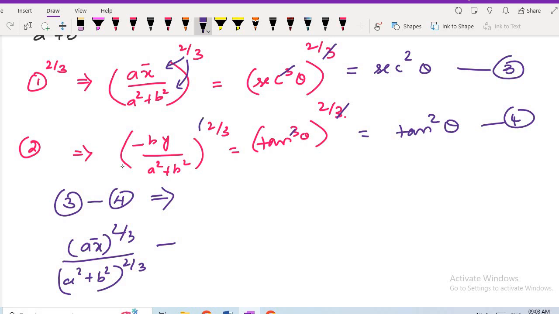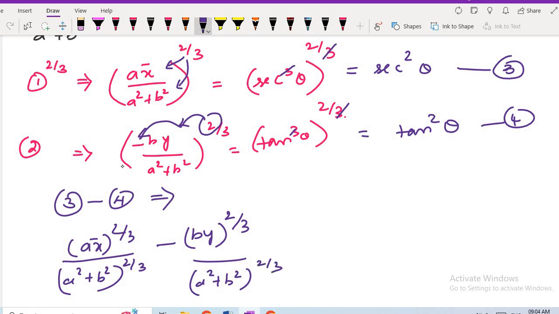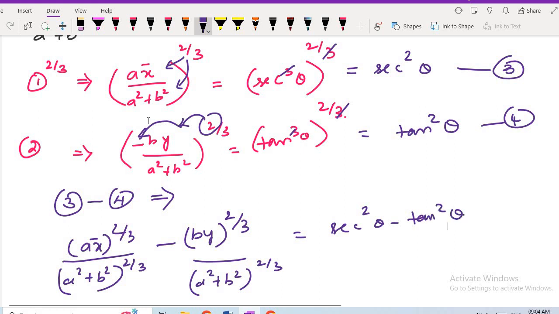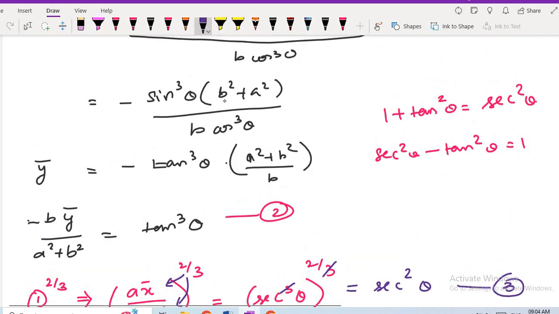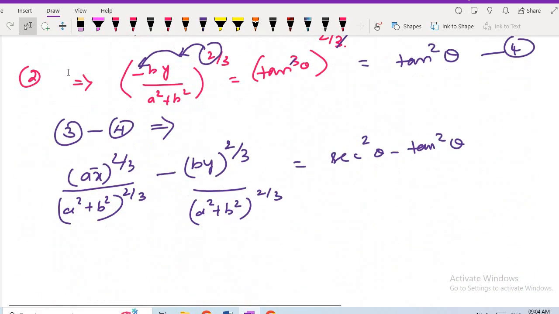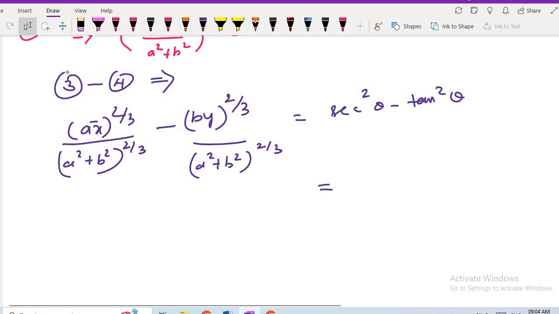Here we are doing the square, so this minus becomes plus. So by whole power 2 by 3 divided by a square plus b square power 2 by 3, which is equal to secant square theta minus tan square theta. Just now we saw the result: secant square theta minus tan square theta is 1. So you can replace this, the result is 1.